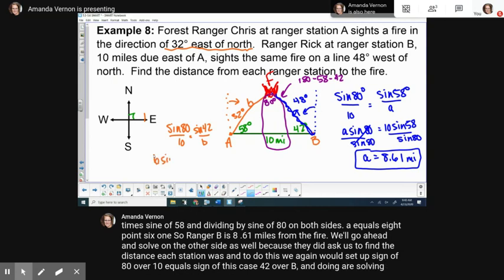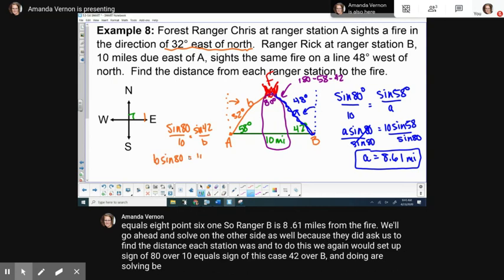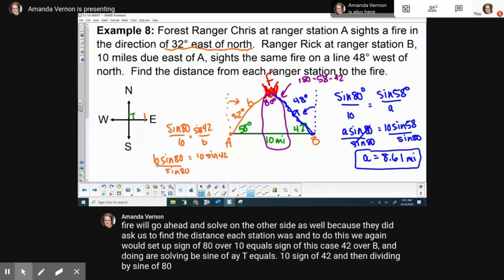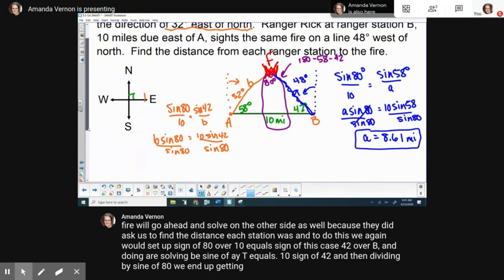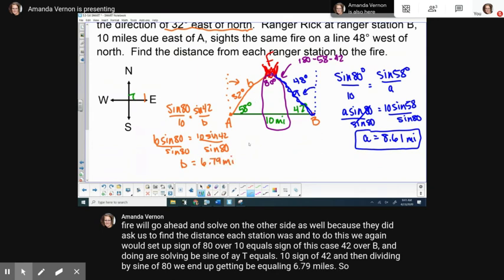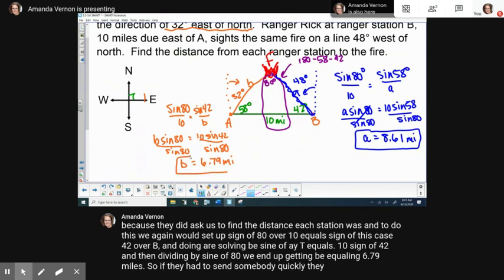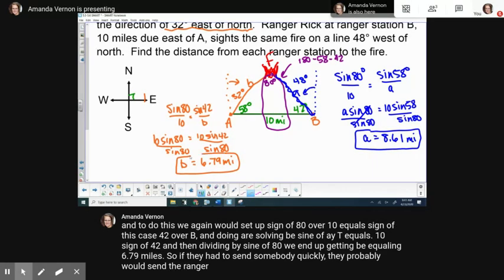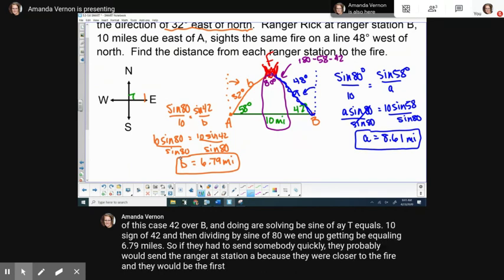B sine of 80 equals 10 sine of 42, and then dividing by sine of 80, we end up getting B equaling 6.79 miles. So if they had to send somebody quickly, they probably would send the Ranger at station A because they were closer to the fire, and they would be the first Ranger to be able to report onto site, most likely.